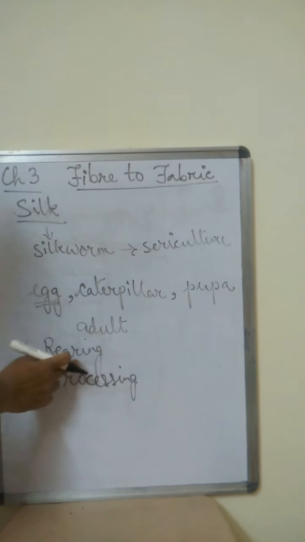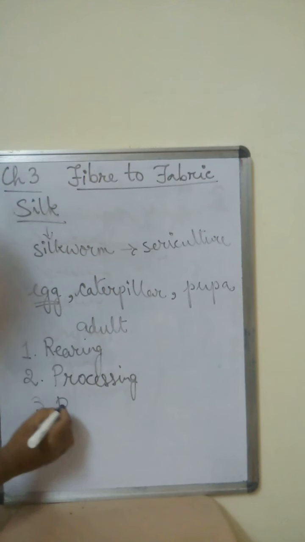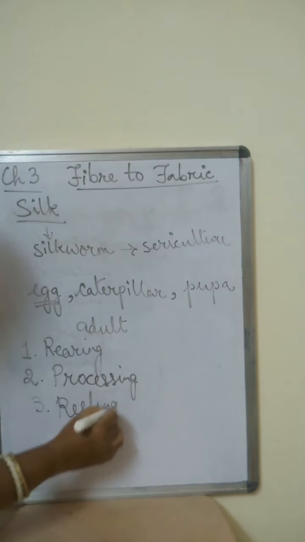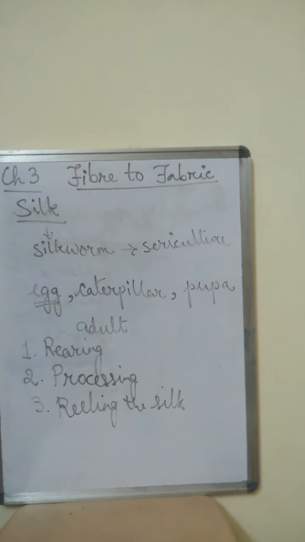After the cocoon comes out, the cocoons are boiled and exposed to heat, bright sunlight, and steam. Then fibers of silk are separated from the cocoon, and this process is called reeling the silk. The silk fiber is taken out from them.